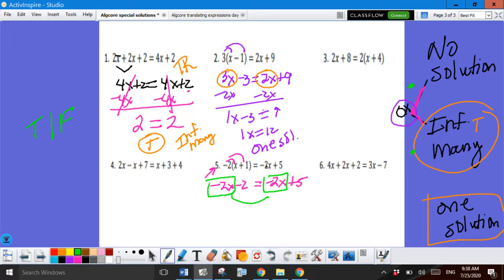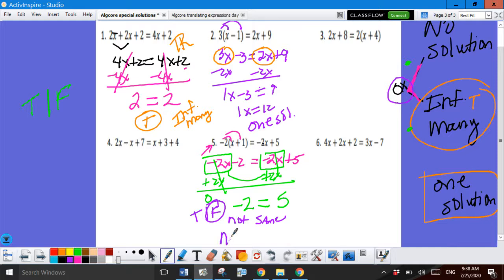But this one is a little different because if I add my 2x, I come up with 0x because they're gone. I'm left with negative 2 equals 5. Those are not the same. So is that true or false? Well, it's false. So if it's false, the answer is no solution.